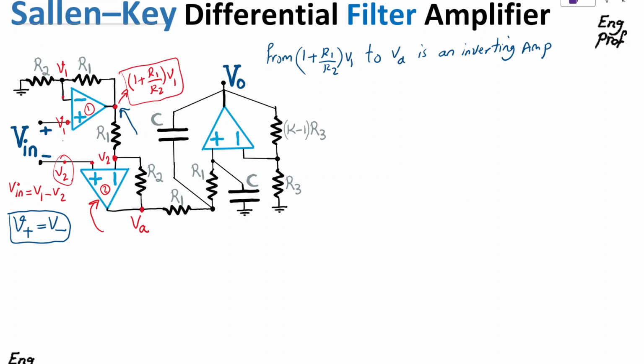And that means the gain is just negative R2 over R1. That's easy. From V2 to VA is a non-inverting amplifier.